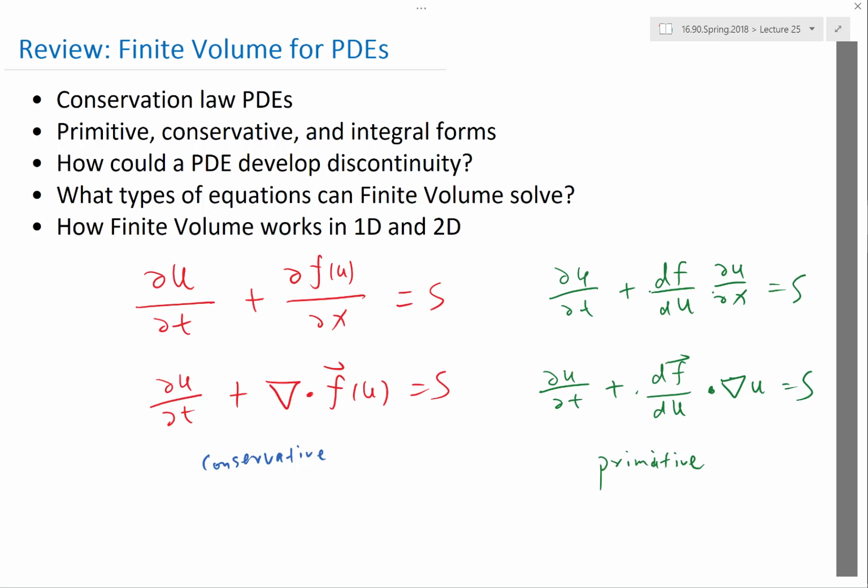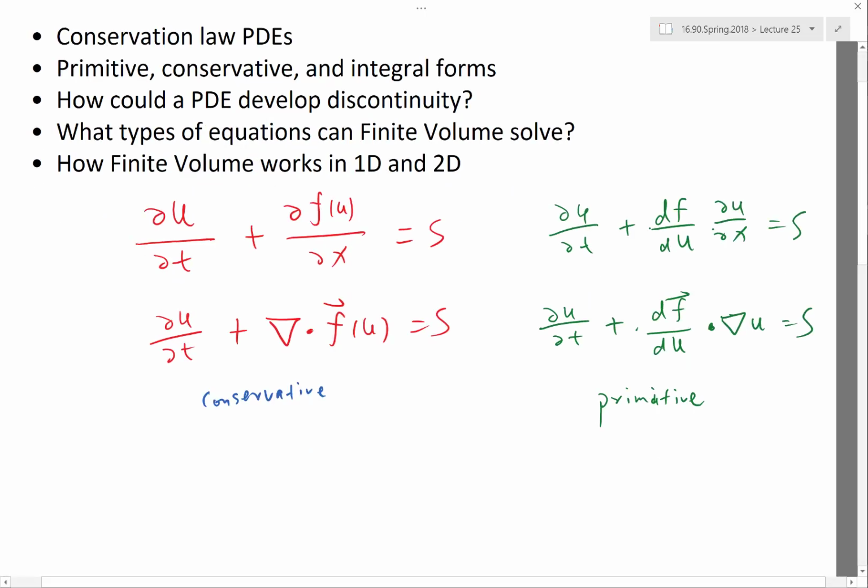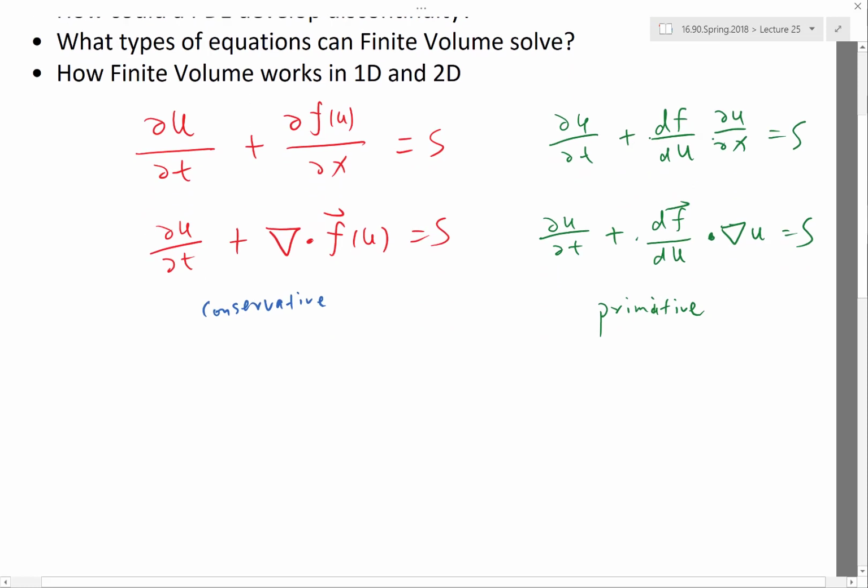So near discontinuous regions, we need a third form, the integral form. The integral form is basically integrating not the primitive form, but the conservative form. It says d dt of the integral over a and b of u dx plus, the df dx, when you integrate, becomes just the boundary terms, f of u at b minus f of u at a, equal to the integral of s dx.